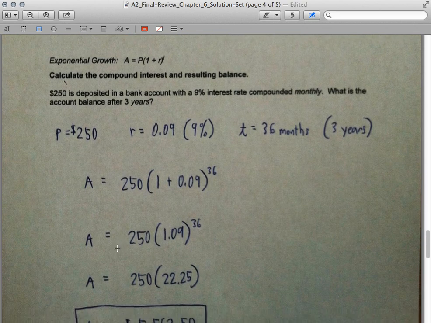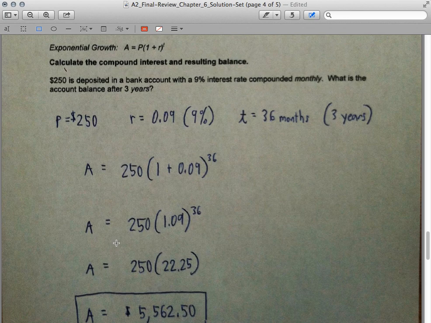The last math concept here is going to be an exponential growth model, which specifically calculates the compound interest and the resulting balance.